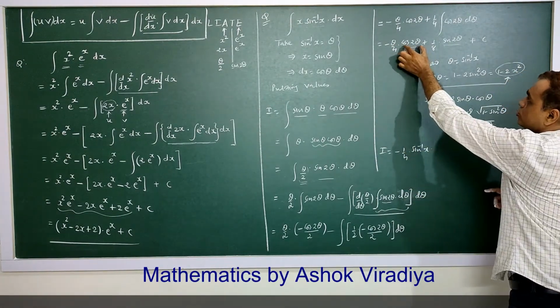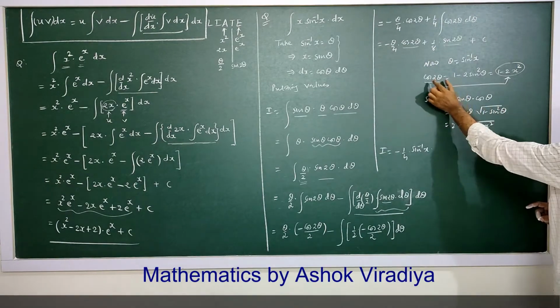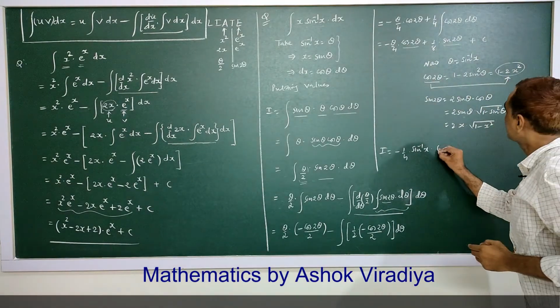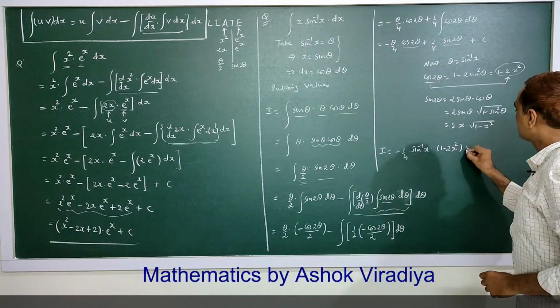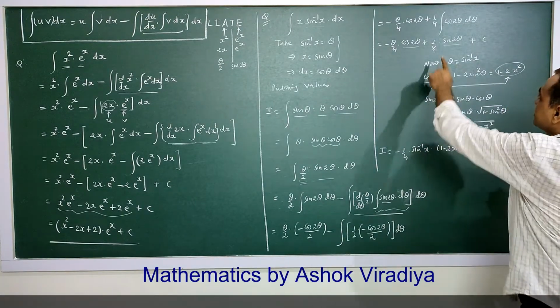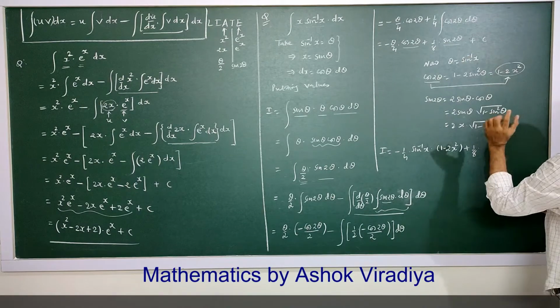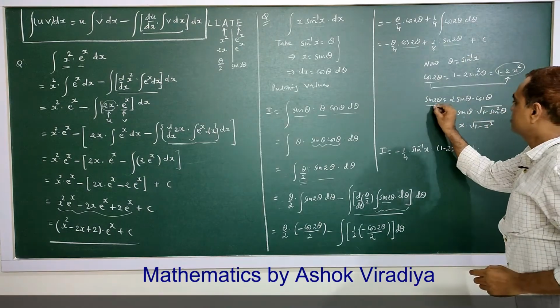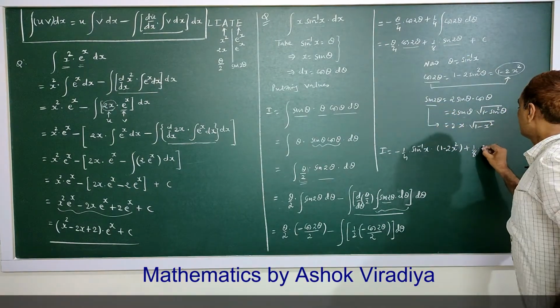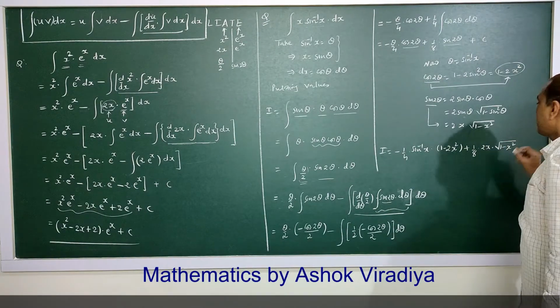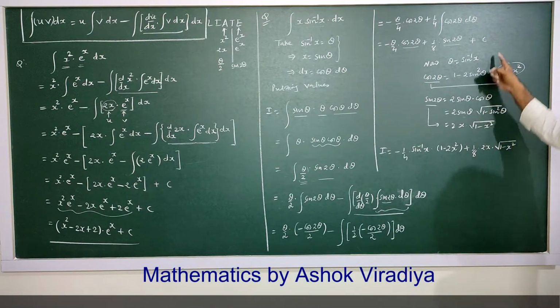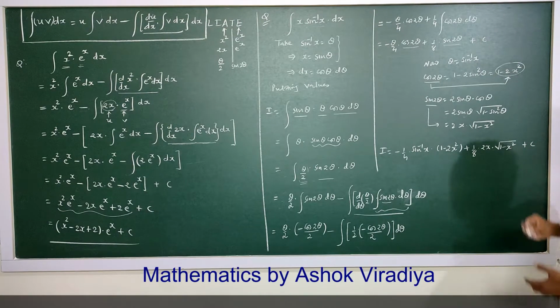Minus 1 by 4, this is theta. Now what is cos 2 theta? Cos 2 theta is 1 minus 2x square, plus 1 by 8 into sine 2 theta. What is sine 2 theta? Sine 2 theta is 2x into root 1 minus x square, and lastly plus c.